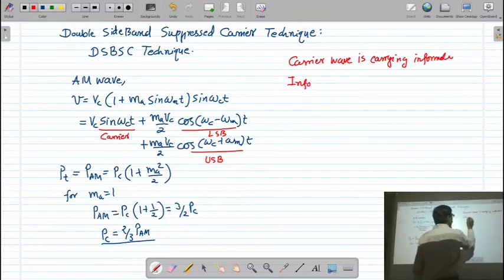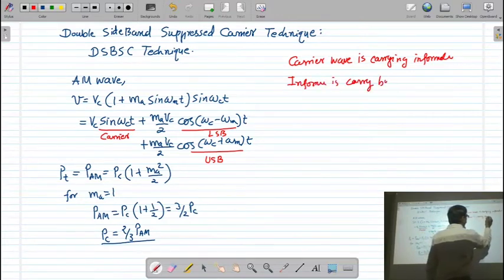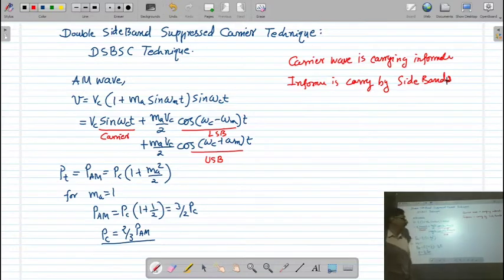Information is carried by the sidebands. Whatever sidebands are produced, they are carrying the information.